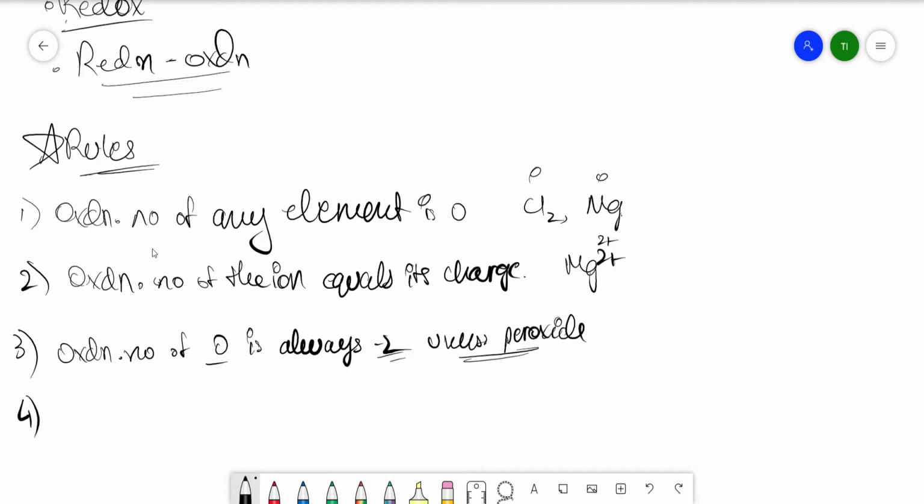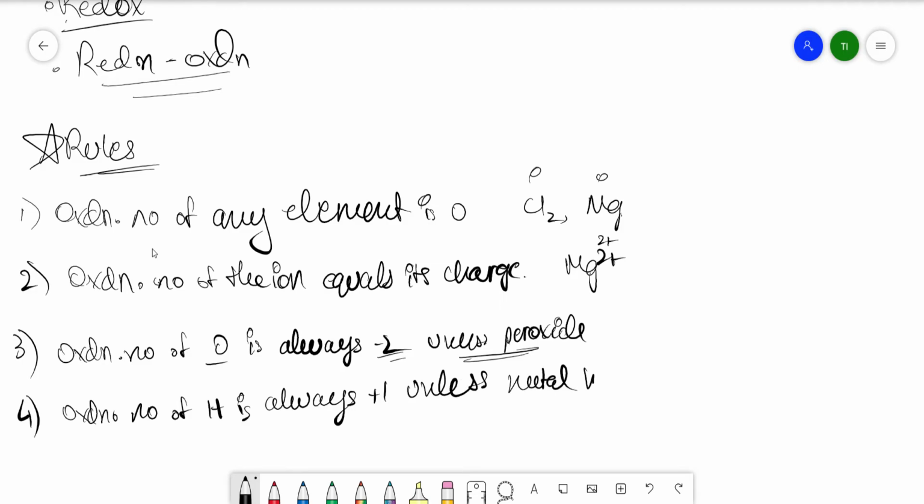The fourth rule is that the oxidation number of hydrogen is always +1 unless in metal hydrides. Like with NaH, this will be plus and this will be minus, right?